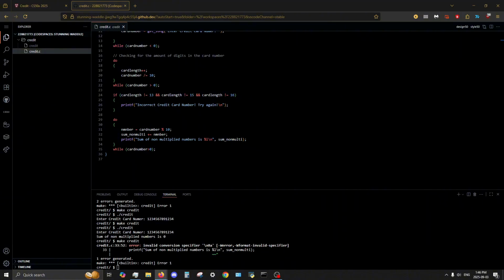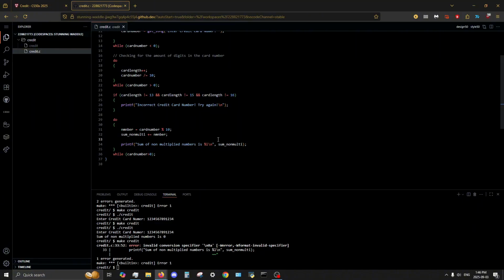Well, I'm not. Okay, so I'm just adding it with itself. I'm not reducing the size of the card number. So I'm just taking it and adding it over and over with the same number, so that number becomes too long, so that's why it returns 0.